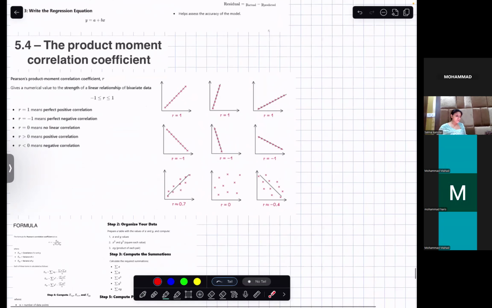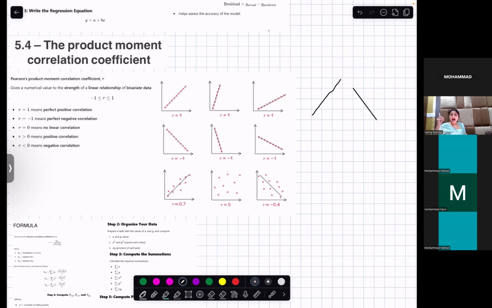Your last one is your product moment correlation coefficient, that is PMCC. You know that your relationship could be positive, negative, or there should be no correlation, weak positive, weak negative.